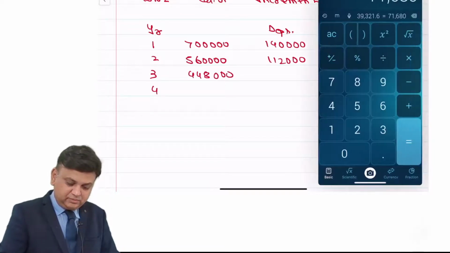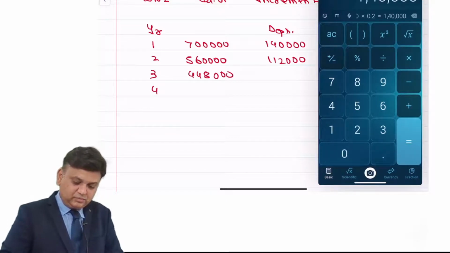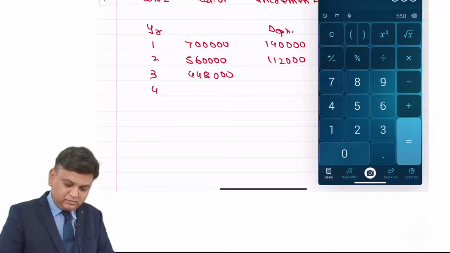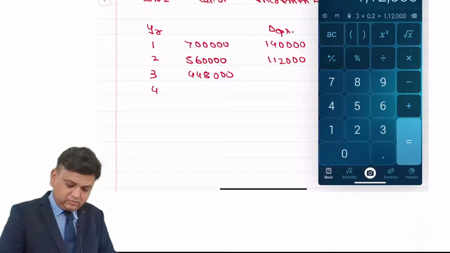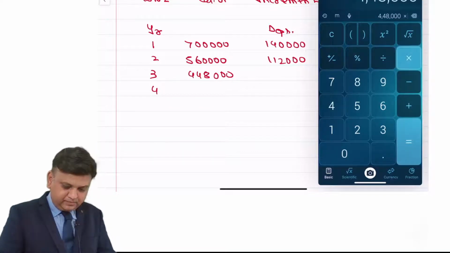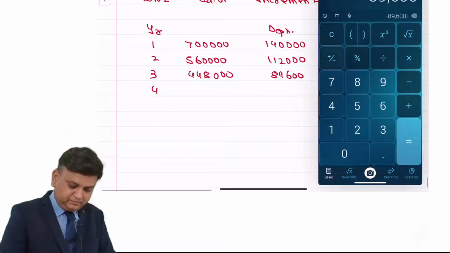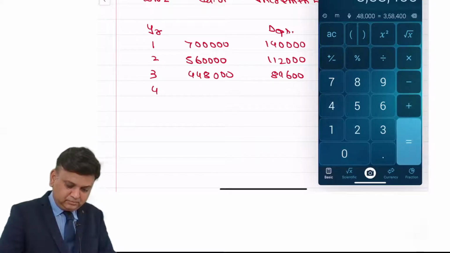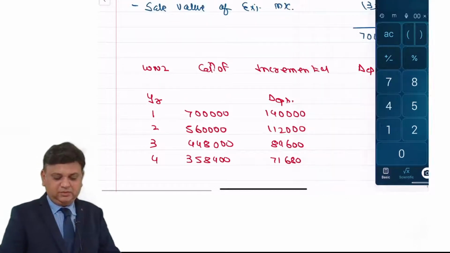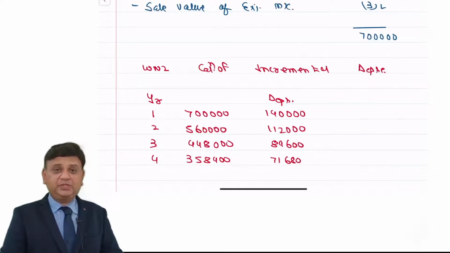Then 4,48,000. Again 20% is 89,600. So 3,58,400 into 20%, 71,680. This is the way the incremental depreciation can be calculated.